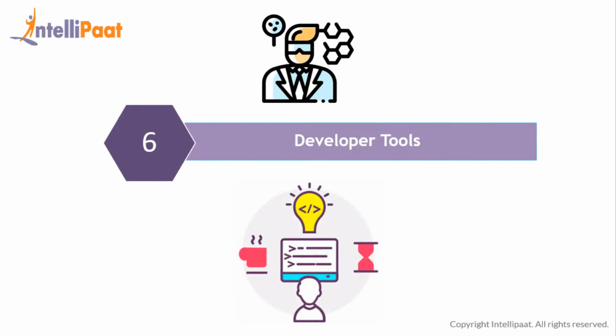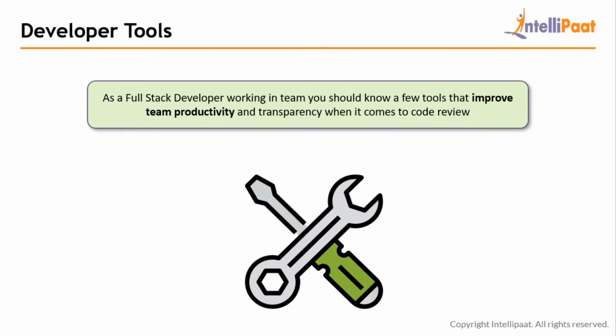Now let's take a look at some of the tools that a full stack developer would use to build applications. As a full stack developer who's working in a team with other full stack developers, there are a few tools that could help you and your team increase productivity, transparency, and figure out who made what changes in the code base.